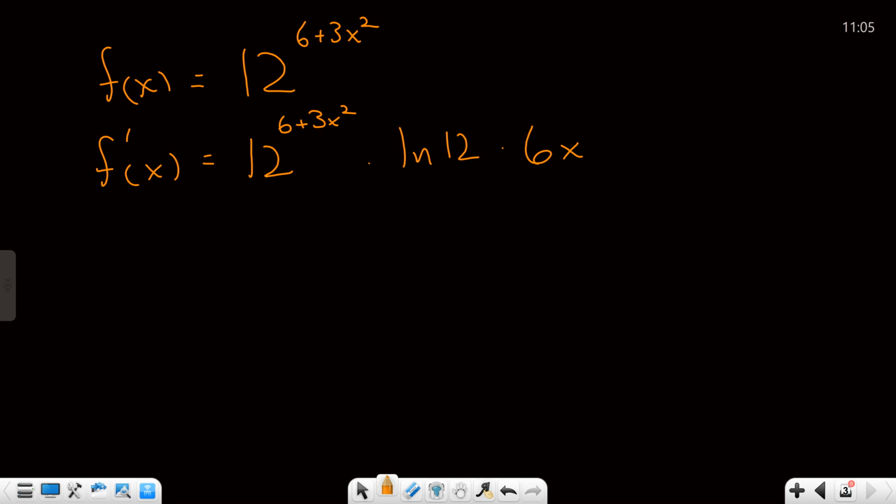Sarah, I thought it was 1/6x. 9. Oh, 8. Question over there. Can you simplify that more into 72x, like the natural log of 72x, or is it 6x natural log of 12? No, put them in parentheses. Those two don't play well together.